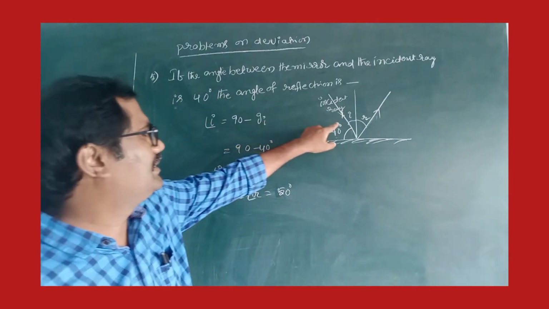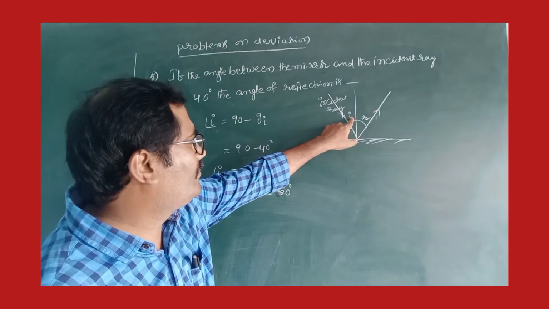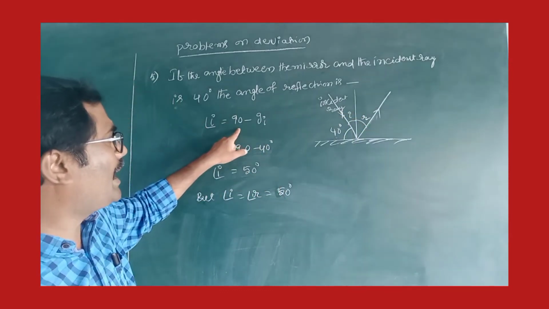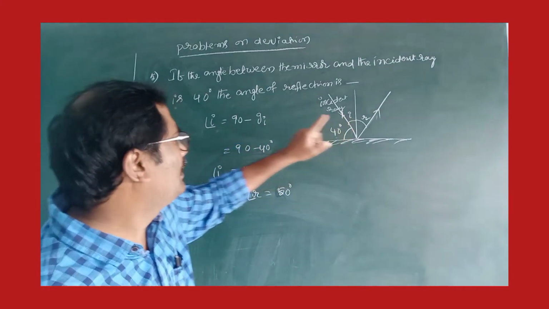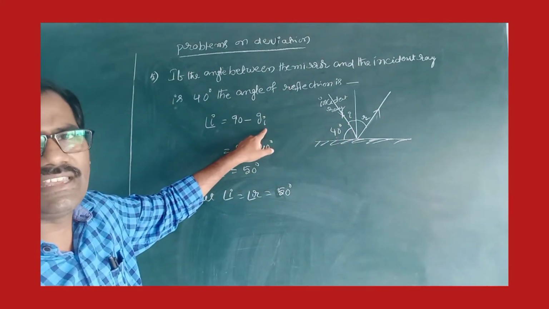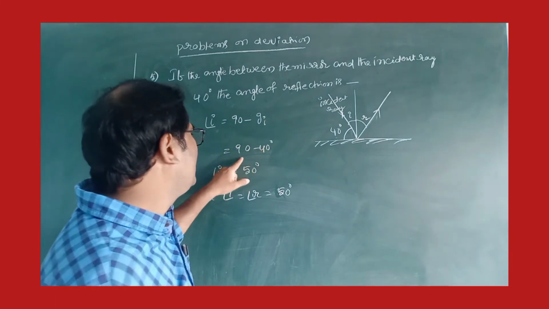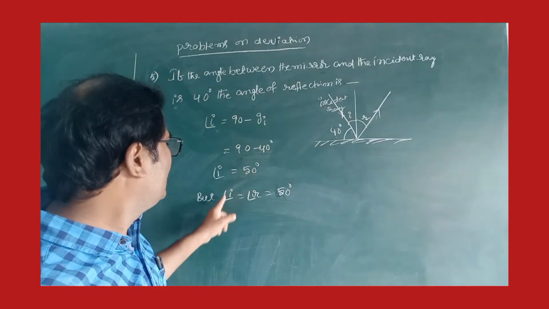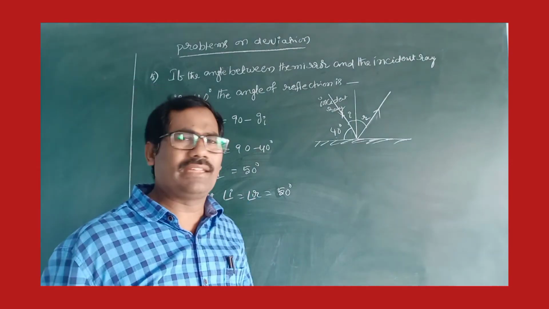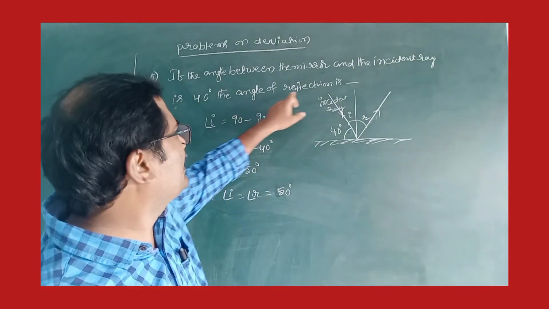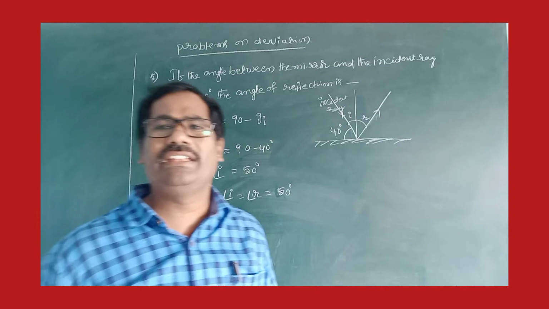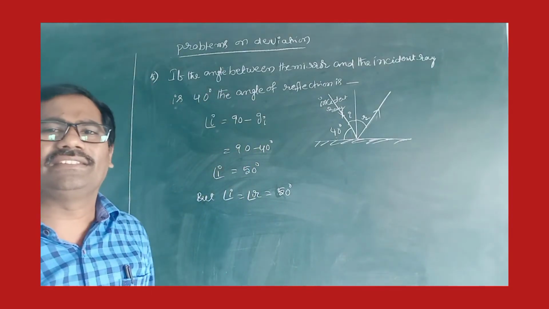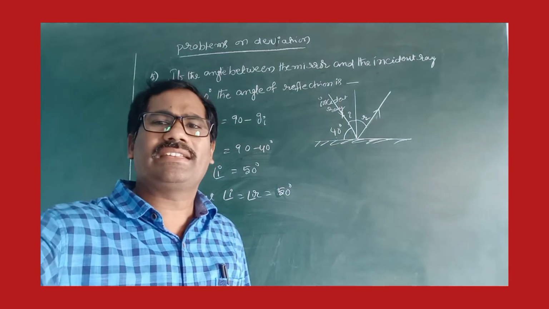That means to find the angle of incidence, angle i is equal to 90 minus the glancing angle of incidence. That is 90 minus 40 is equal to 50 degrees. That is angle i is equal to angle r. So the angle of reflection is 50 degrees. That is okay. Next one.